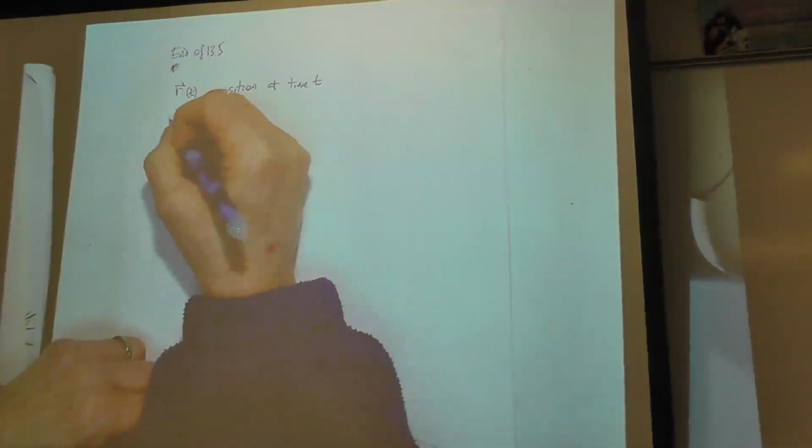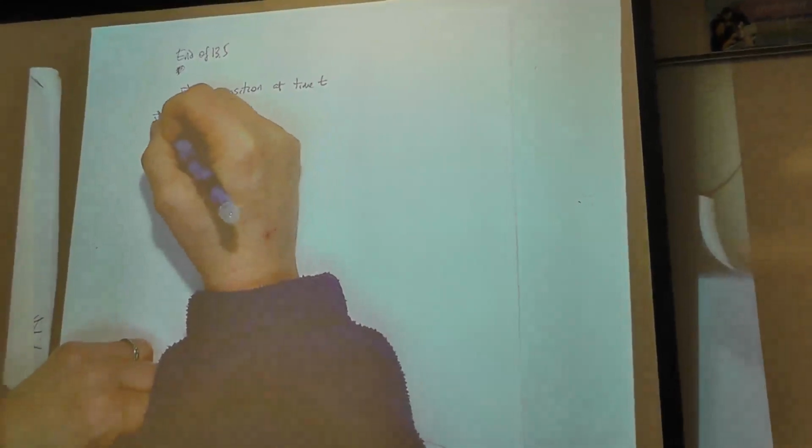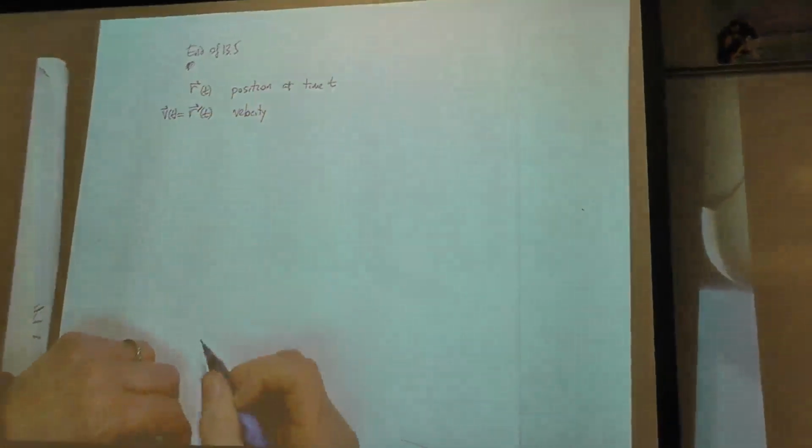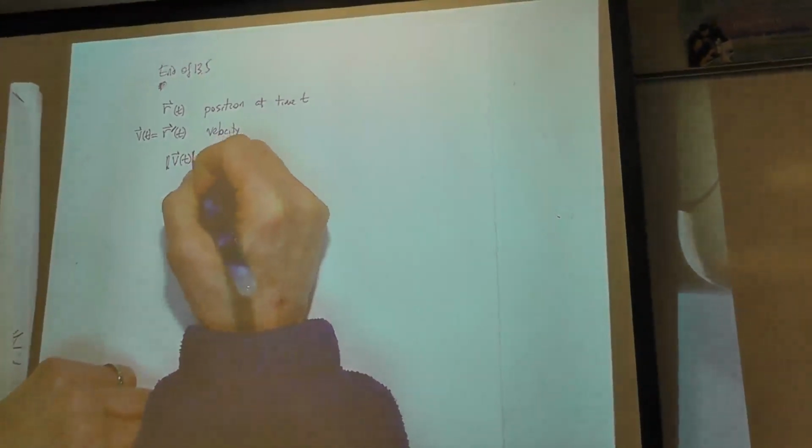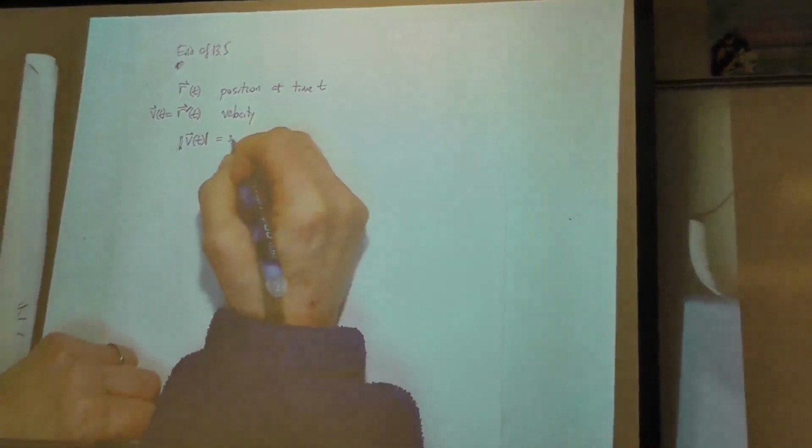You take the magnitude of velocity, so that R prime I can call V of t. And if you take the magnitude of velocity, you get speed.